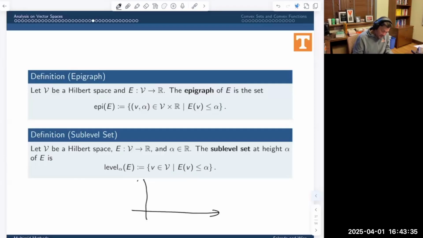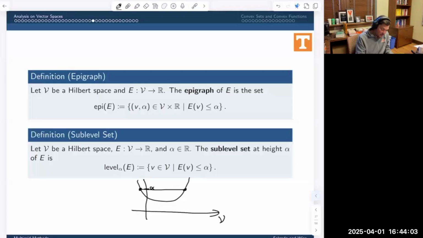If I have a function like this, so there's my E, and I have an alpha here, then I'm looking for all the points v from the Hilbert space which satisfy that inequality. What points do I need to be looking at? Basically I'm going to draw some sort of curve like that.